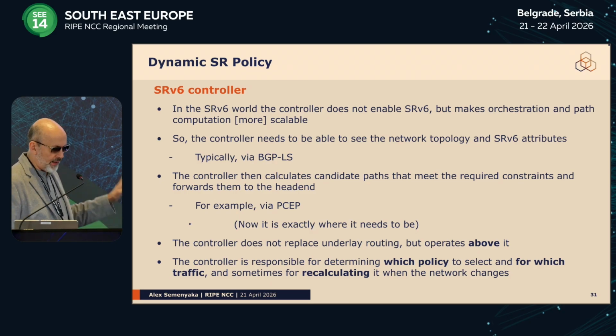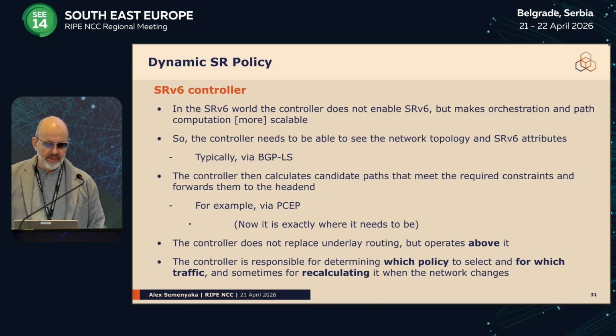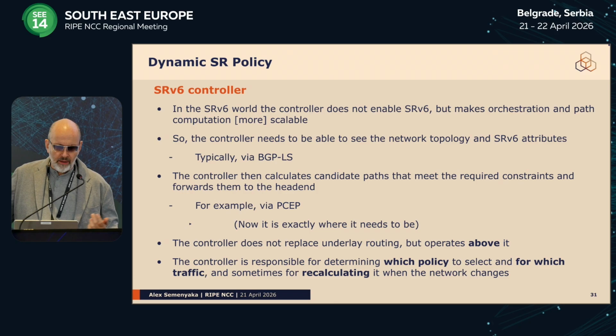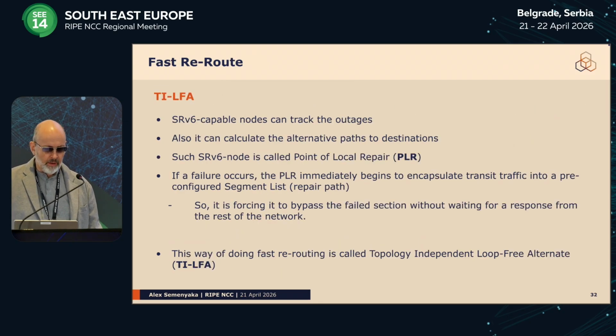For example, for client X, you need to create a path from A to T, and it will be done automatically without any additional efforts. So it's really up to you how far you can go with this controller and which controller you are using, because it's a completely programmable thing.